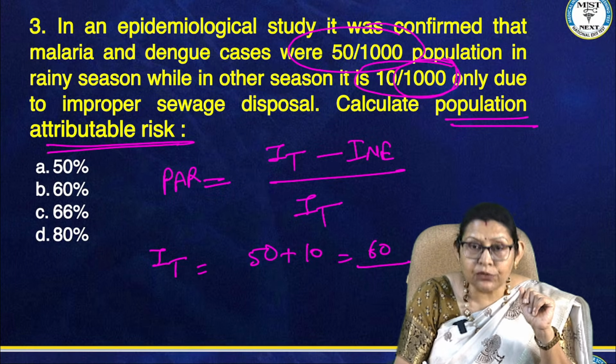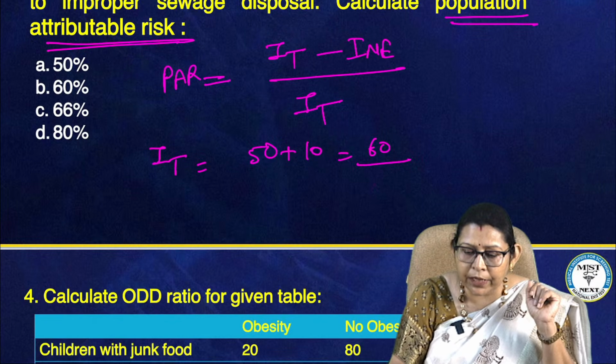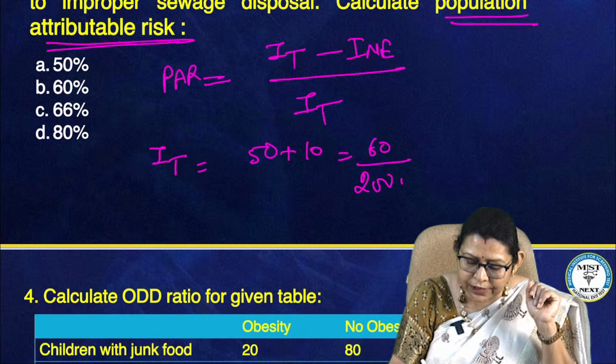There are 1000 non-exposed and 1000 exposed, so it will be 2000. Okay?